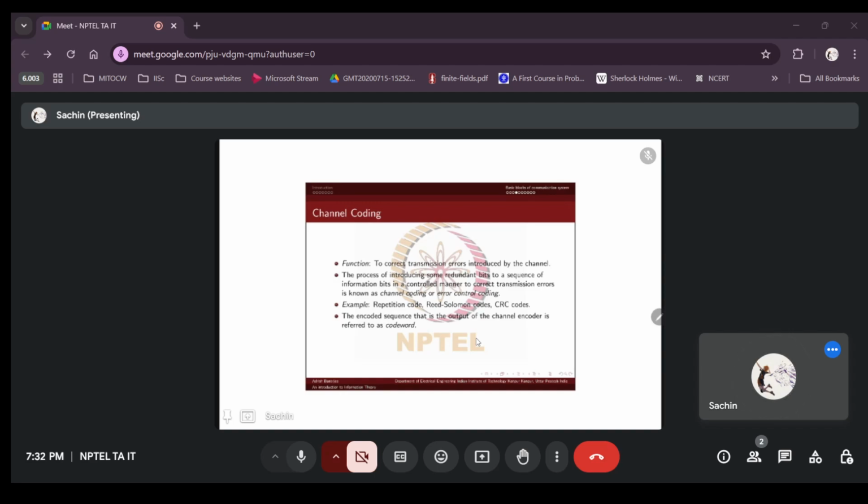So error control coding ensures that, if there is some probability of errors occurring, and usually a large number of errors occur with lower probability.